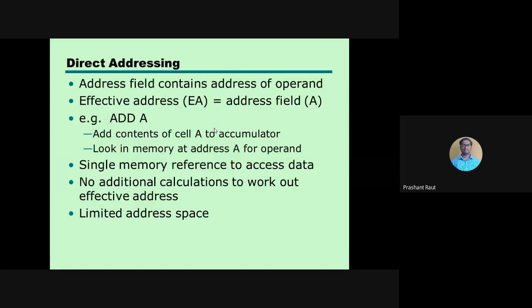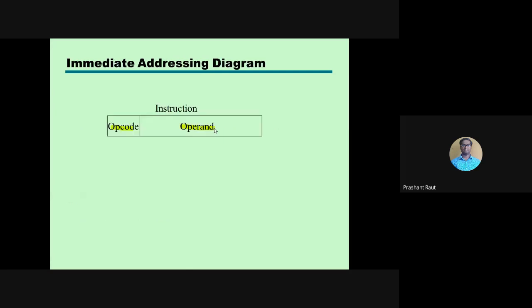The next type of addressing mode is direct addressing. The address field contains the address of an operand. See here, the opcode means the operation, and the operand field is called the address field.